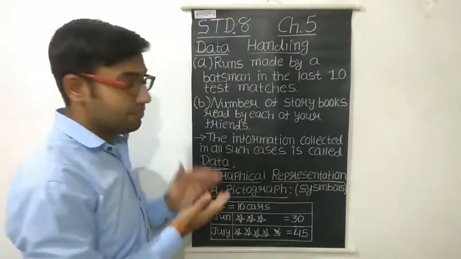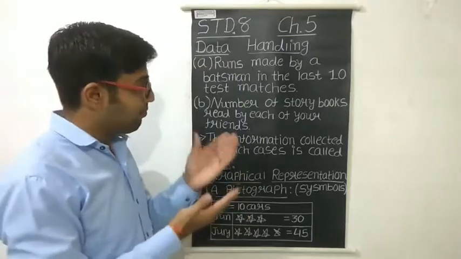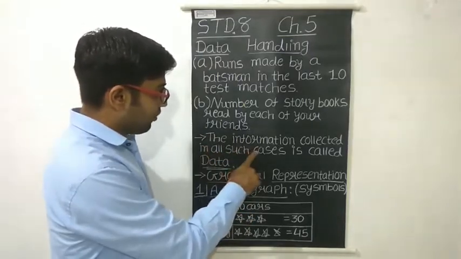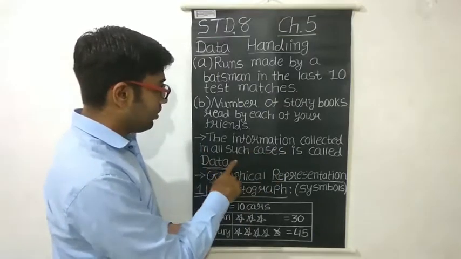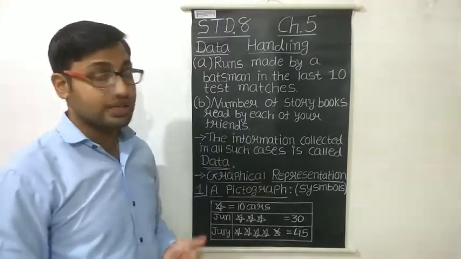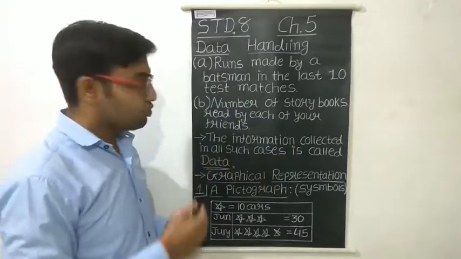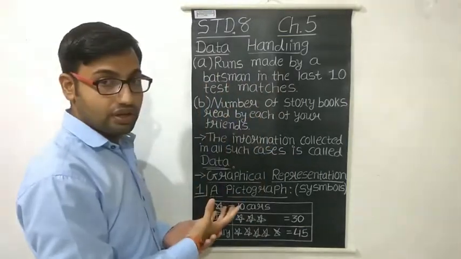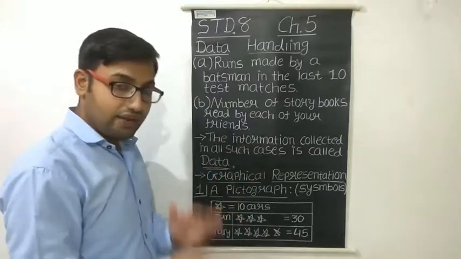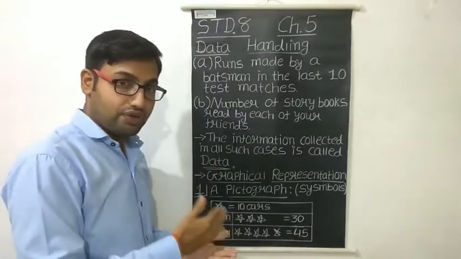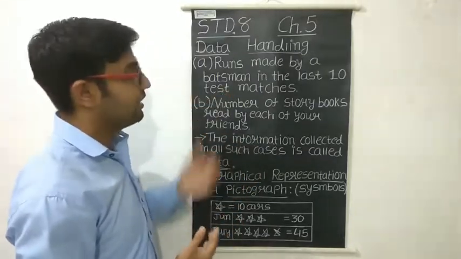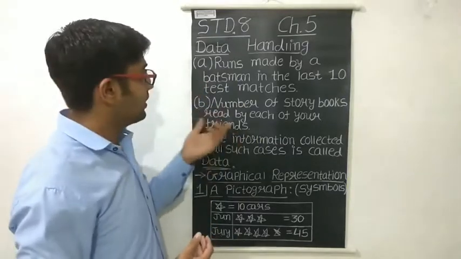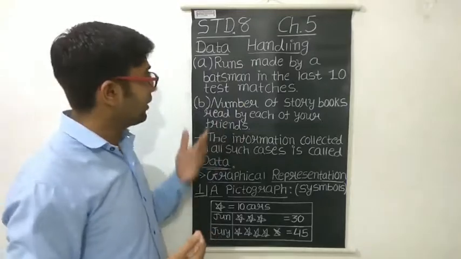In this way, we can collect many types of data. The information collected in all such cases is called the data. So now it is clear what we can call data.